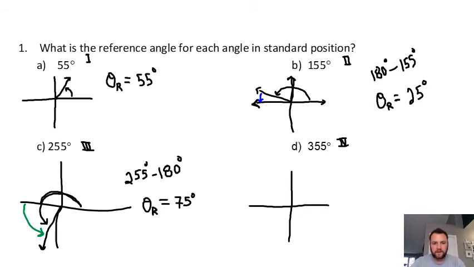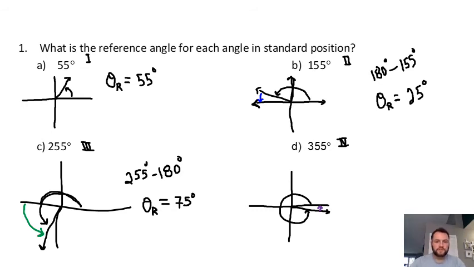Okay, 355, well, that's going to take me almost all the way around, really close to being one full circle, 360 degrees, so probably even closer than that. And my reference angle is how far it is from my terminal arm to the nearest x-axis. So it's actually this little angle here.